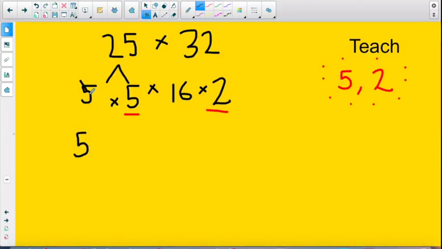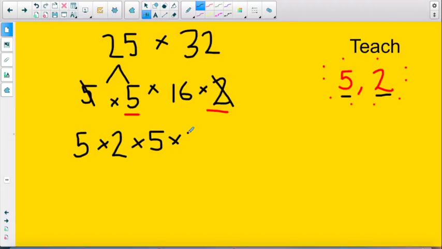We'll cross him off just to say he's done. Let's move this 2 over here so he's next to this 5 to make it super friendly. 5 times 2, and remember, it's all about getting that 5 and the 2, guys, because that's what makes it friendly. 5 times 2, let's cross him off, we're done here, times 5 times 16.